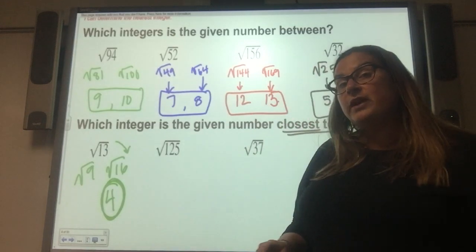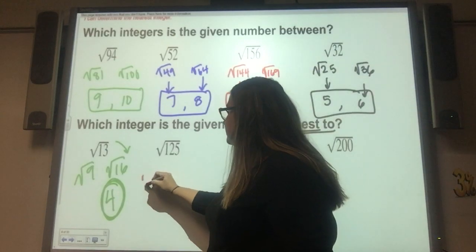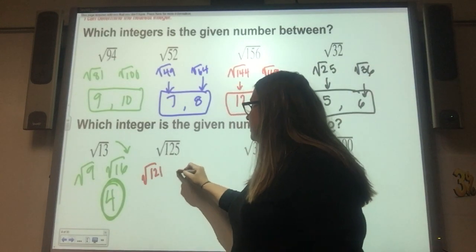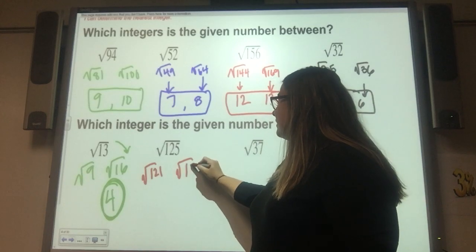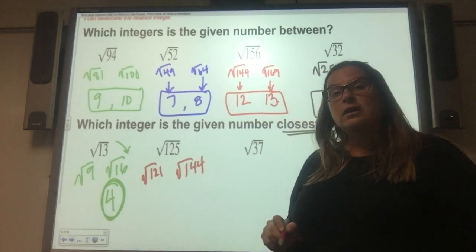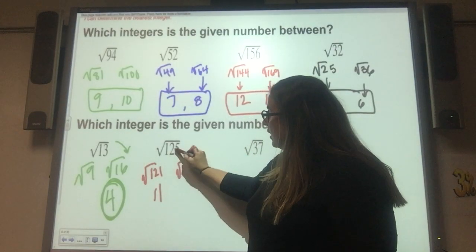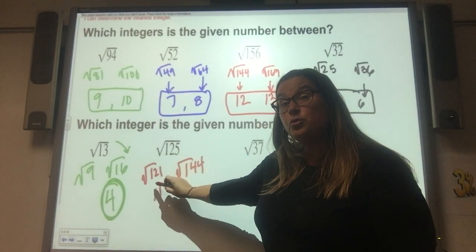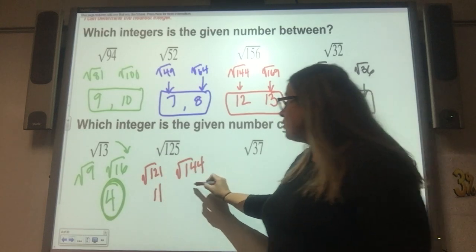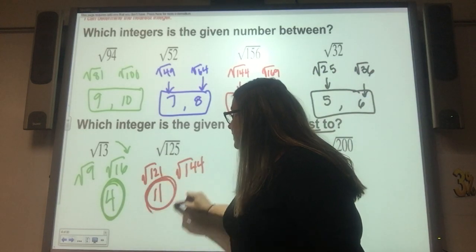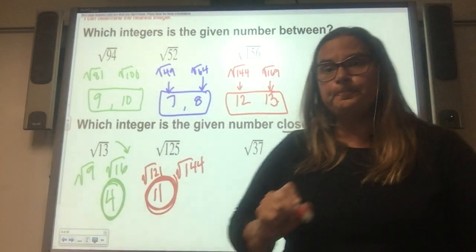The square root of 125 is between the square root of 121 and the square root of 144. The square root of 121 is 11, and because 125 is closer to 121 than 144, the closest integer is 11.